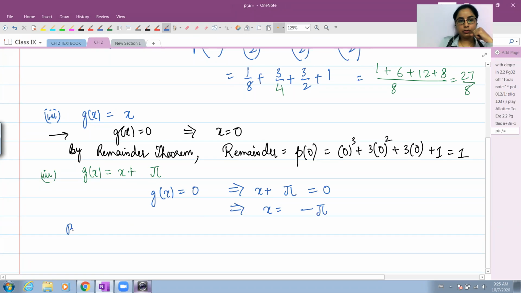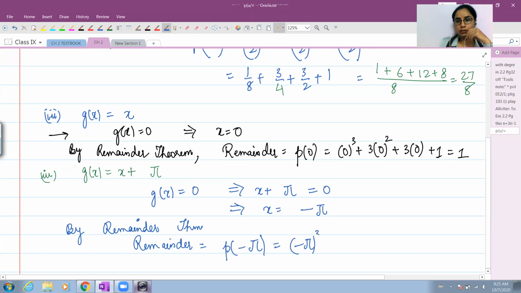And then by remainder theorem, the remainder will be given by substituting this value in px. And you're going to give the answer as such. That's it. No simplification required.